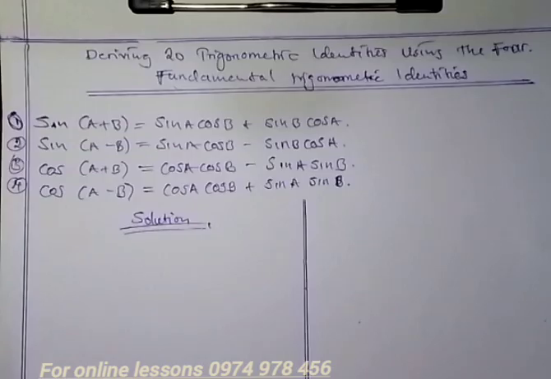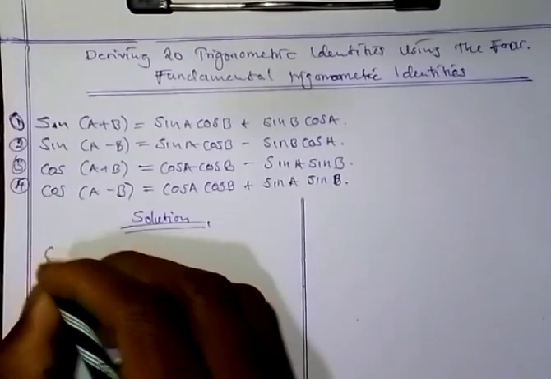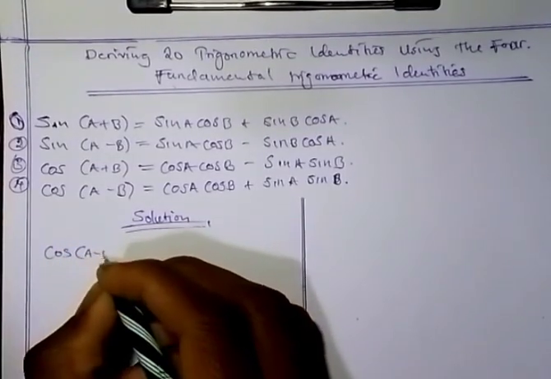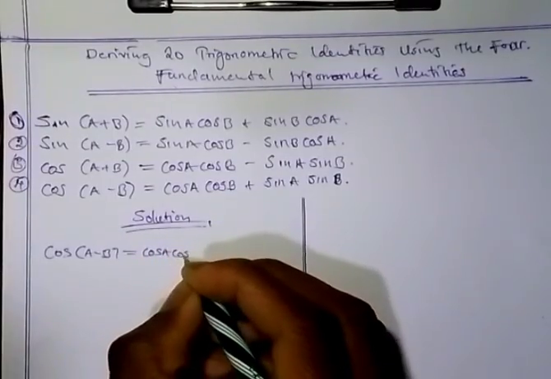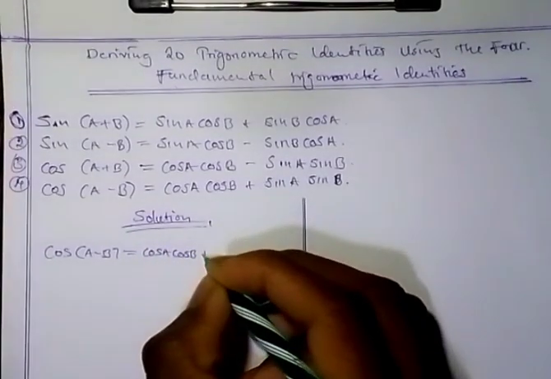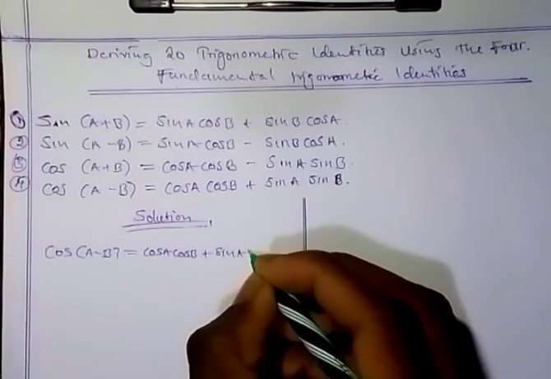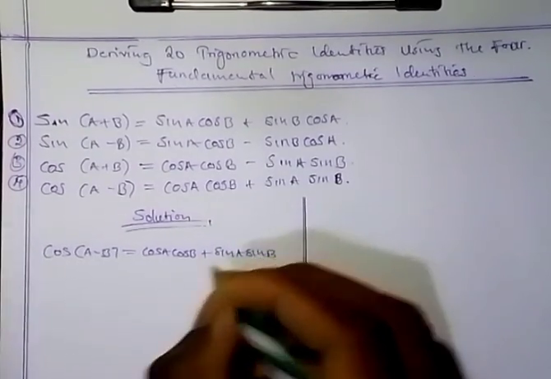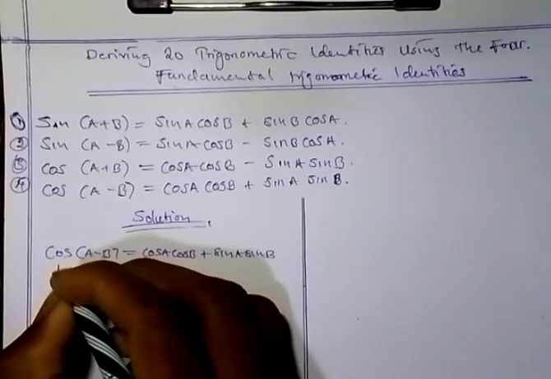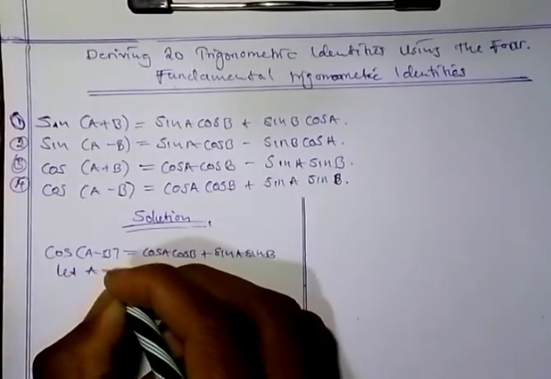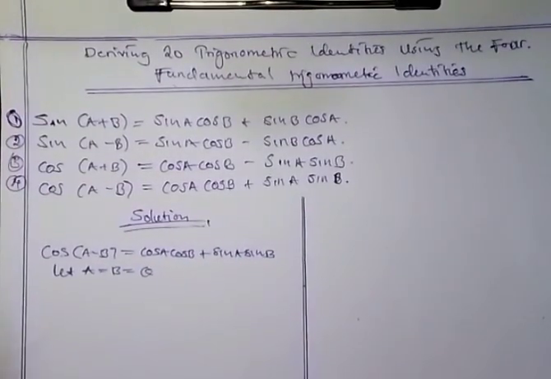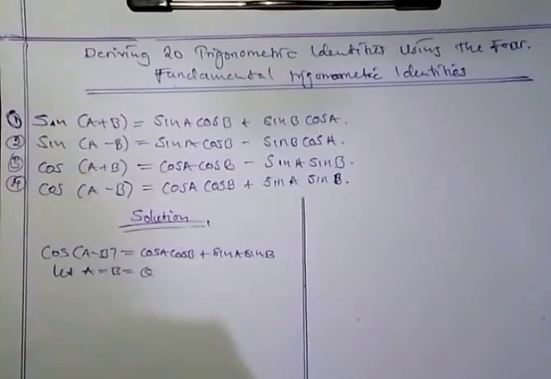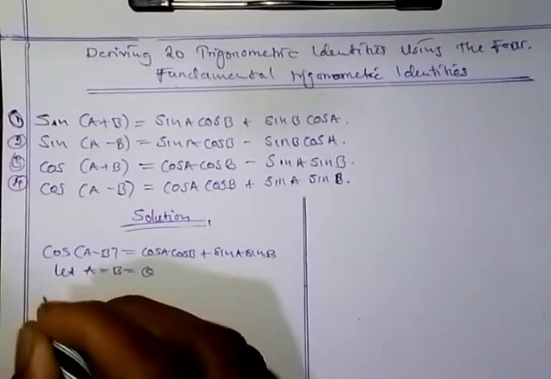So we are going to begin with number 4, cos(A minus B) is equal to cos A cos B plus sin A sin B. Then we are going to let A equal to B equal to theta. Then we are going to replace where there is A and B with theta.